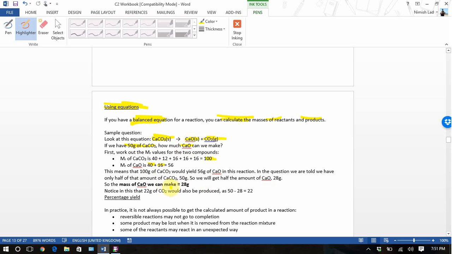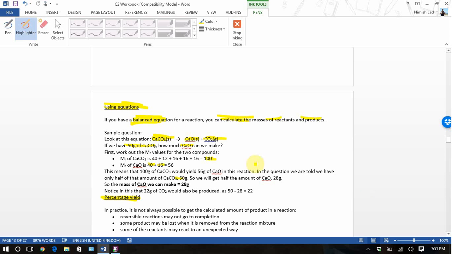If you're told you only have 50 grams, well, for every 100 you get 56. Therefore, for every 50 you get 28. Okay. Notice that in this, 22 grams of carbon dioxide will also be produced, because that's 50 minus that 28 to give you 22.